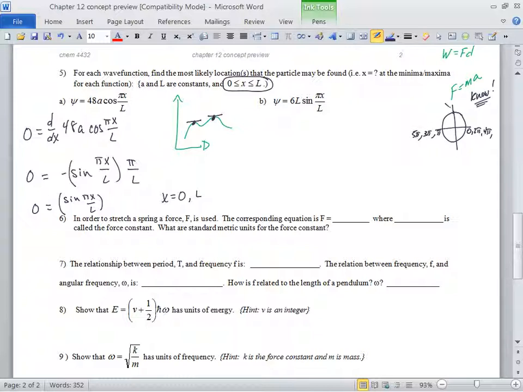Then up here, it's easier to see in the first go around. If that's 0 and that's pi, the other one must be pi over 2. And then to make a whole circle around there, add 2 pi to it. So pi over 2 plus 2 pi is 5 pi over 2, right?